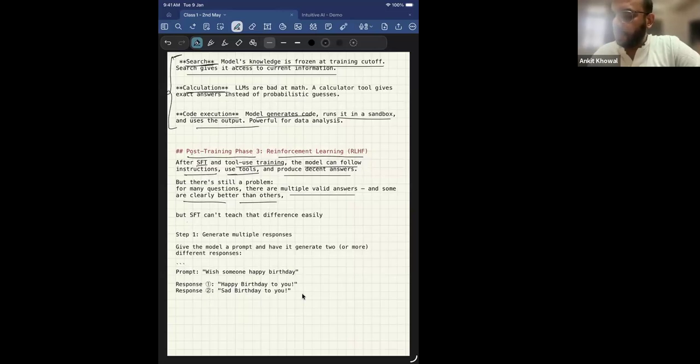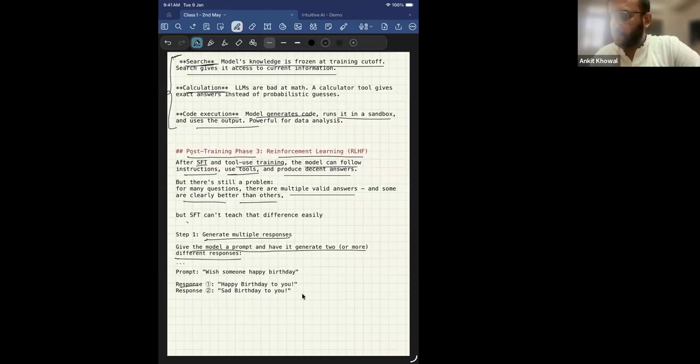How that is taught to the model is, first we give the input to the model and say, hey, generate multiple responses for this question. So given a prompt, we have it generate two or more different responses. Like my question would be, wish somebody a happy birthday, and I will tell it to generate multiple answers for this question.